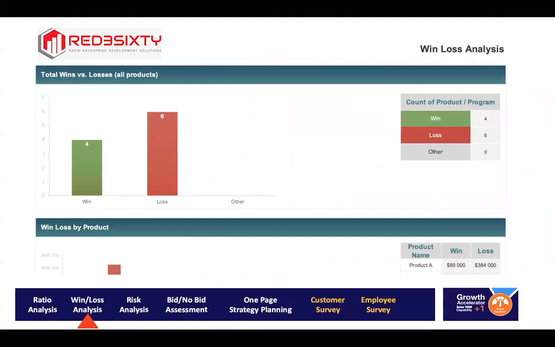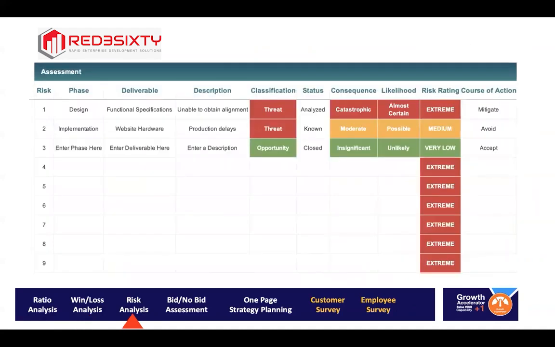The tools that we give you as well, additional to that, include win-loss analysis: why is the company losing some of their key deals and why are they winning, making sure that we leverage and change the business to react to the win-loss data within the business, especially when looking at their opportunities. Risk analysis gives you the framework to analyze and structure a risk framework and a risk register within the business, to make sure that they are focused on the risks, as well as looking at opportunities and threats within the business and how they will impact it.